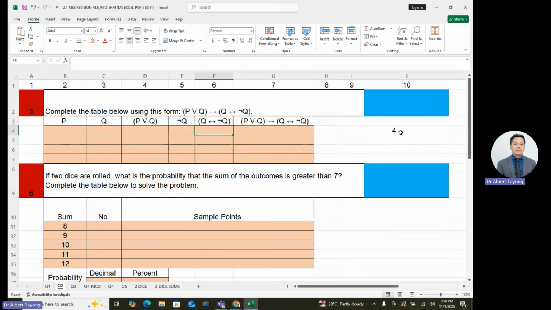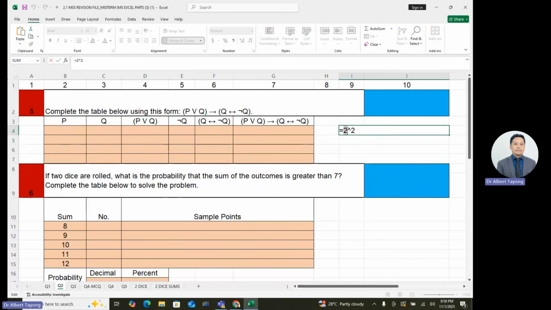If there are 3 sentences or 3 letters, it's going to be 2 cubed, so the answer is 8. So 2 is always the base, because we have 2 possible outcomes. It could be either true or false. And the exponent is the number of sentences or the number of letters.